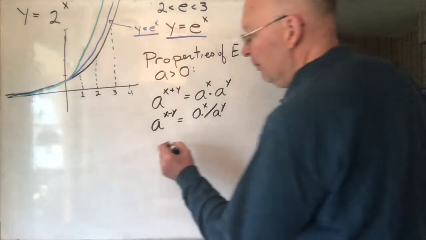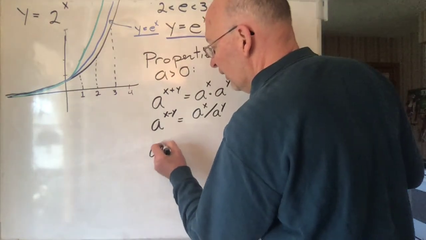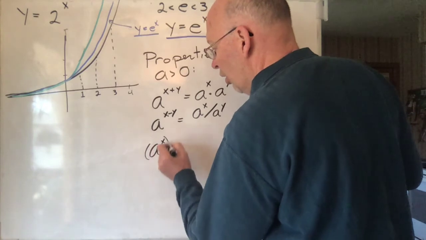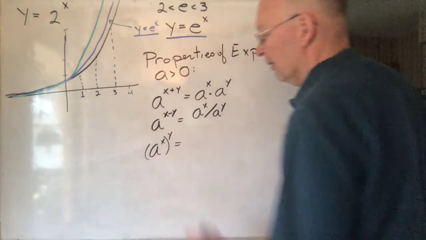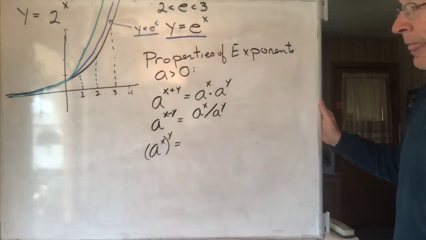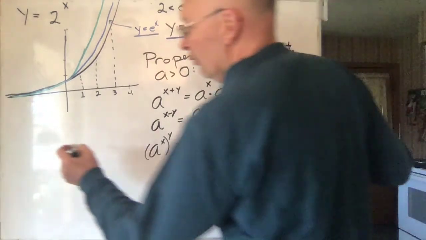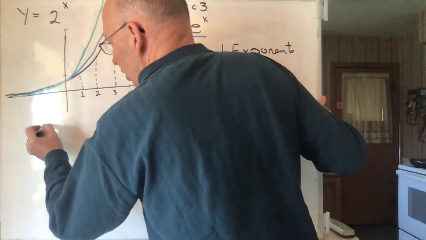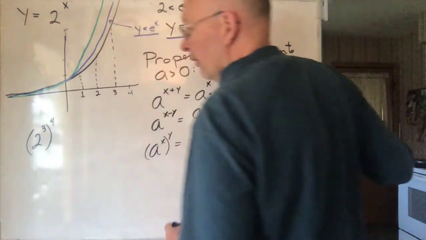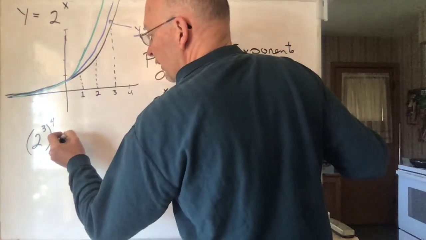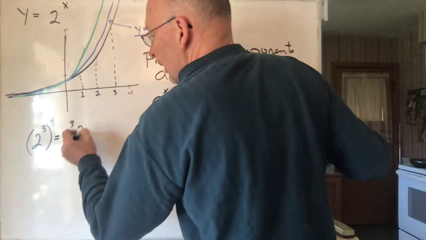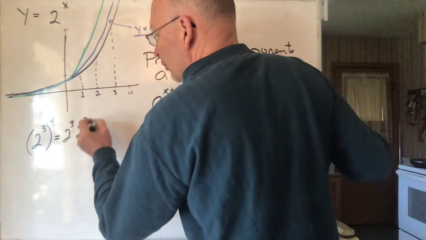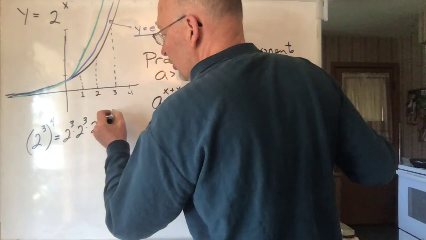Another important one is that a to the x all to the y power. What's that equal to? Well, let's do an example again. If I take 2 cubed all raised to the 4th power, what does that mean? That means 2 cubed times 2 cubed times 2 cubed times 2 cubed.